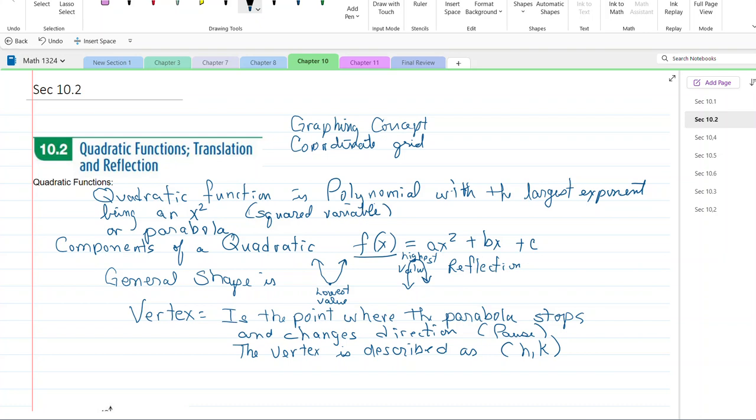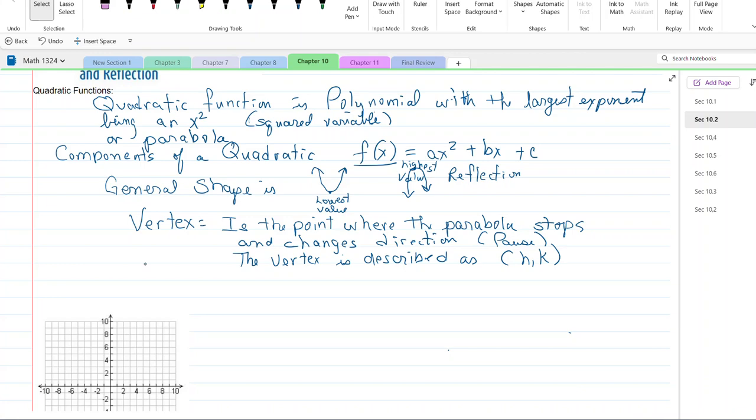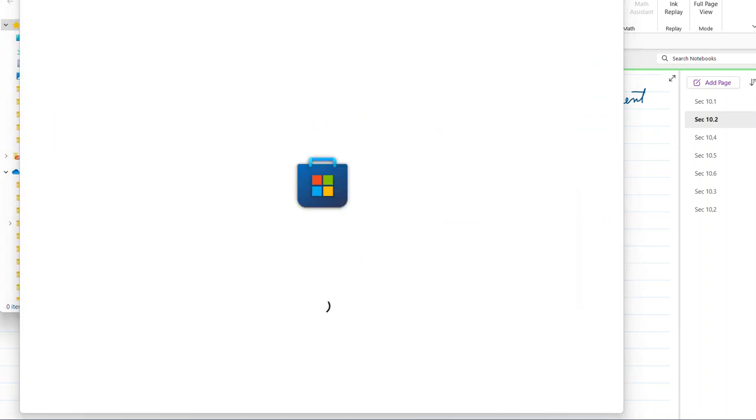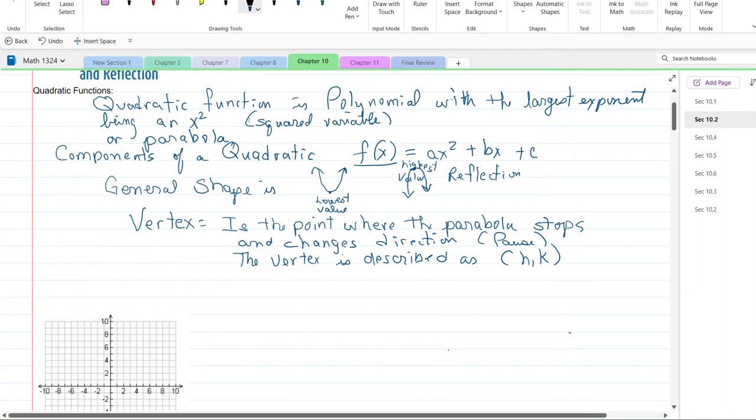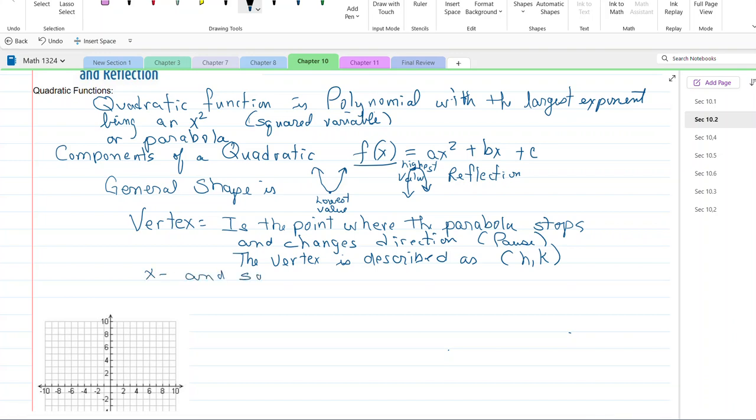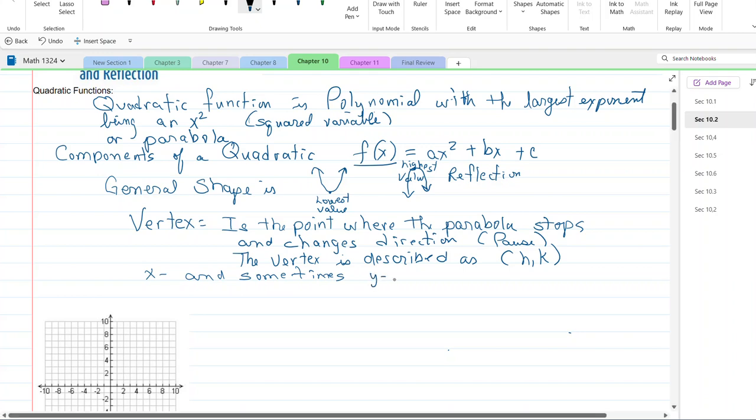All right. So what else is the general shape? Well, it does have, sorry about that, it does have x and sometimes, I should say sometimes for both, intercepts.